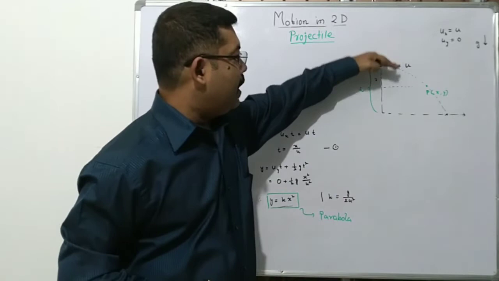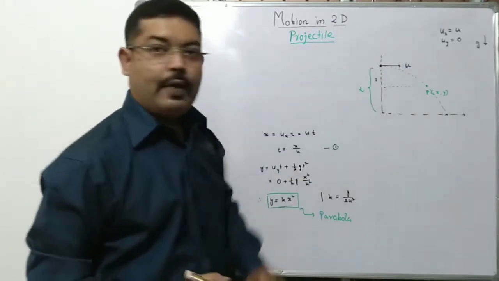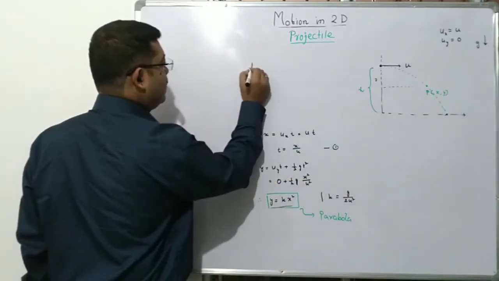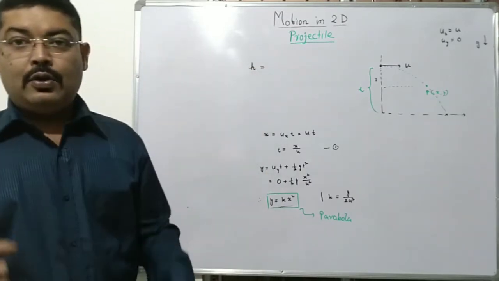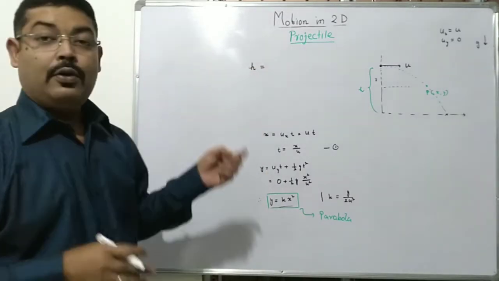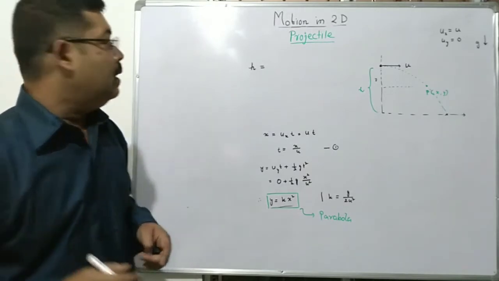In the y direction, it has moved through a height of h. So this height can be given by s equal to ut plus half a t squared, that is h equal to ut plus half g t squared, right?